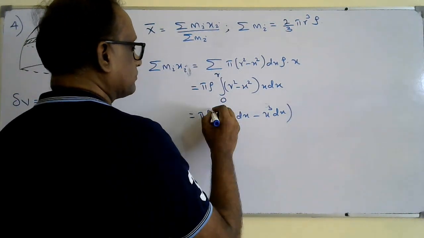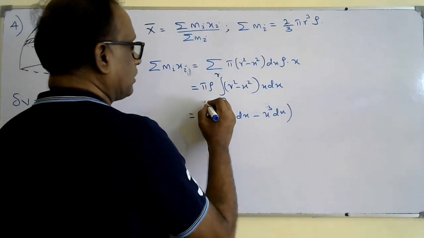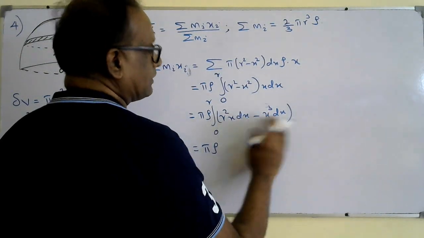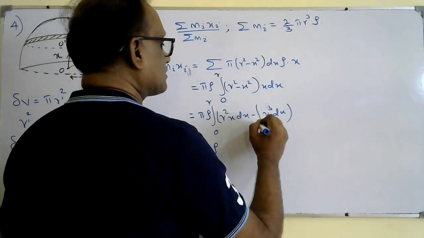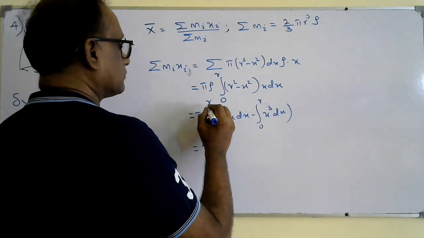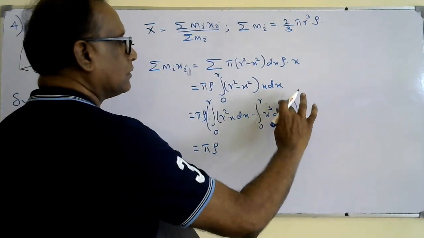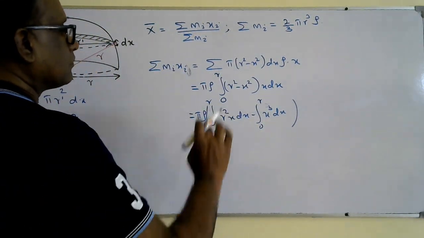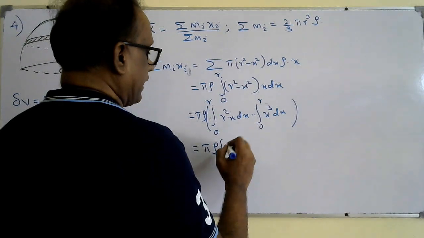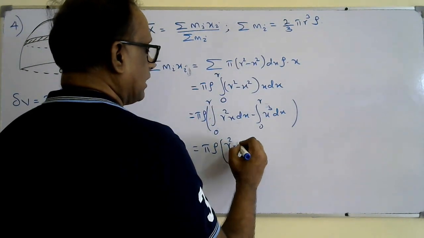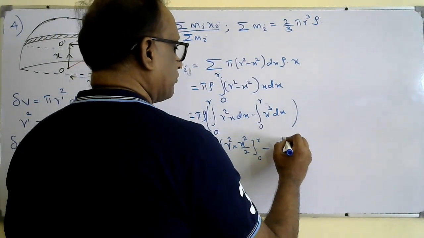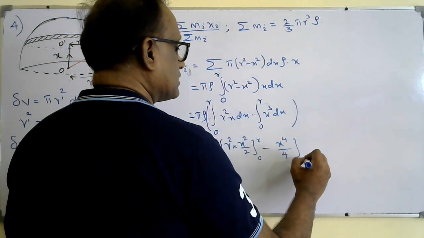Integral from 0 to r. So that's going to be pi rho r squared times x squared by 2, limits 0 to r, minus x to the power 4 by 4, limits 0 to r.